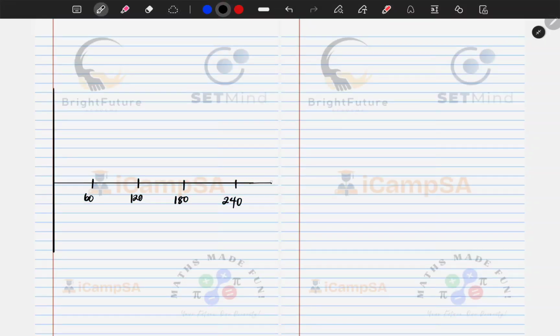This is going to be 360, so it's going to be a long graph. Let me see if I can use, no, 60 is fine. You can always decide on the scale. Let me see if I can have the right scale.